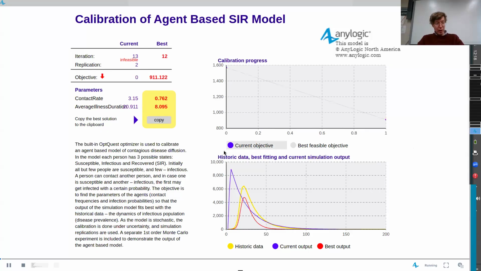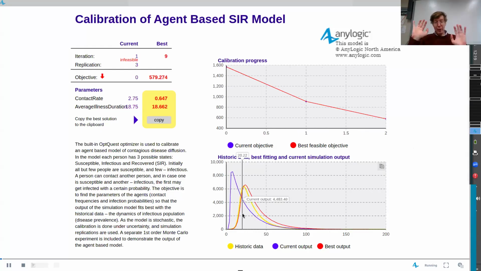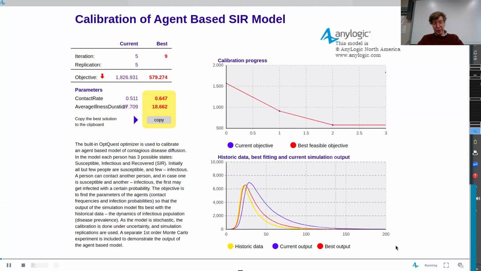So here we are adjusting these two in a more meaningful way. Before we were adjusting two things that were multiplied by each other. Now we're genuinely adjusting things that are different degrees of freedom associated with this. We're already down to about 579.